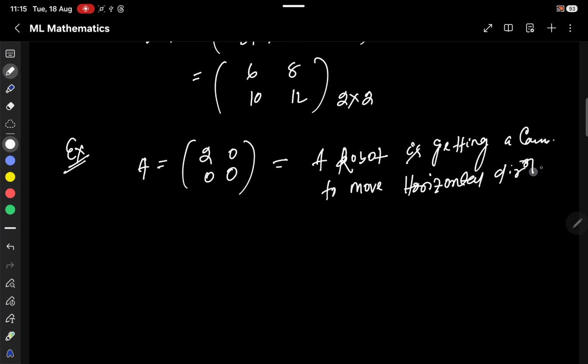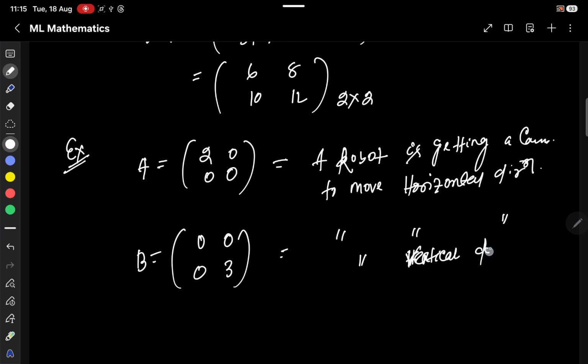So if I'm saying this one as A and I'm saying B equals 0, 0, 0, 3, which is nothing but the same robot getting a movement command in the vertical direction.